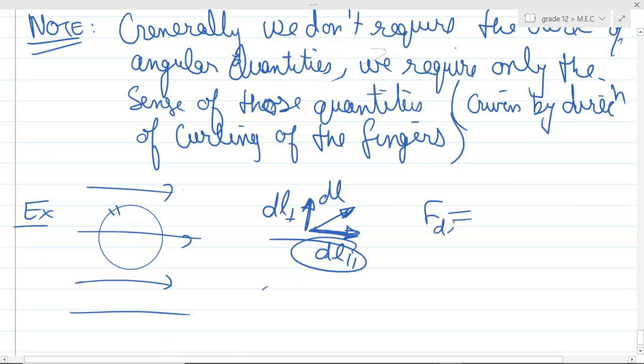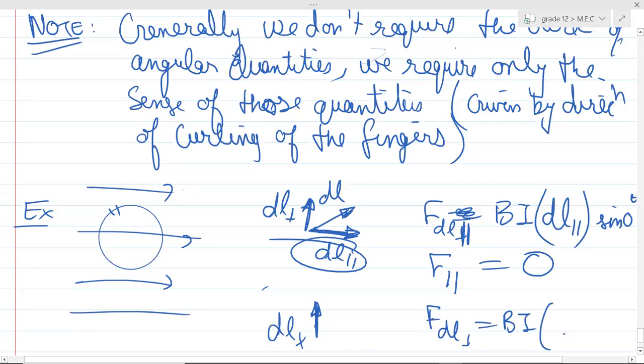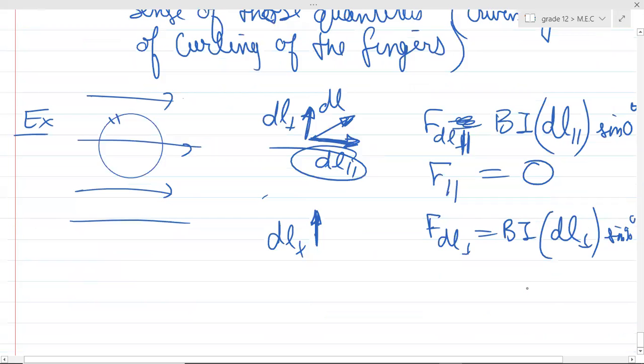The force on dl parallel will be B into I into dl parallel into sine of the angle, which is sine 0, so the parallel component of the force is zero. But this dl perpendicular component: the force will be B into I into dl perpendicular into sine 90 degrees, so it will be B into I into dl perpendicular.